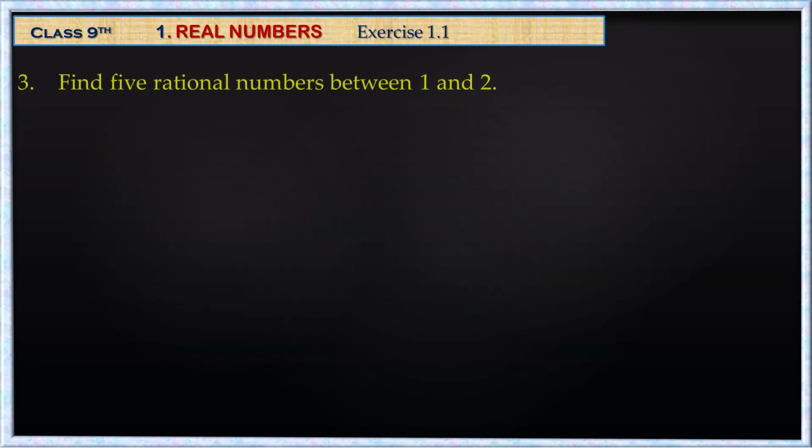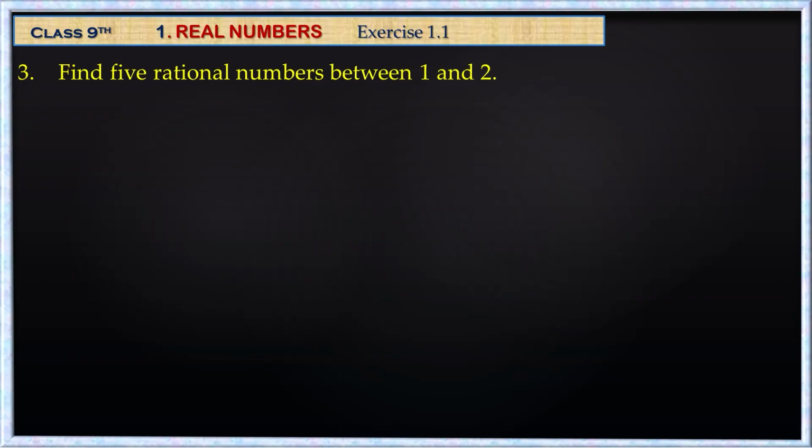Next problem, find 5 rational numbers between 1 and 2. Let us solve this problem. In order to write 5 rational numbers between 1 and 2, express 1 and 2 as rational numbers, that means in the form of p by q, with the denominator equal to 6.